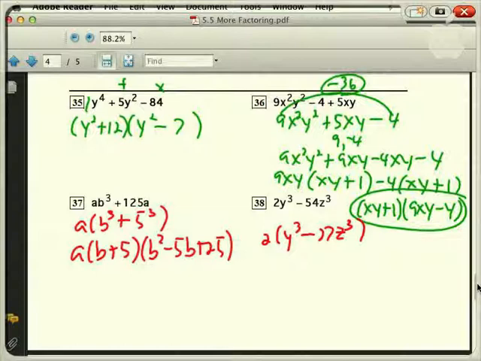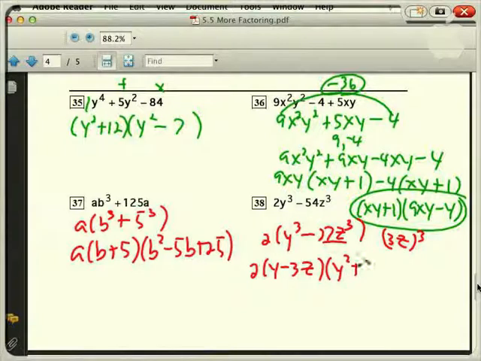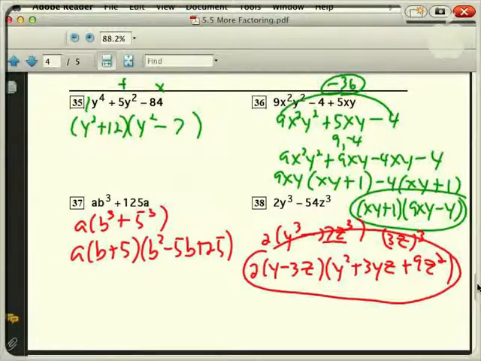Well, 27z cubed is 3z quantity cubed. So this will be 2 times y minus 3z times y squared plus 3yz plus 9z squared. Nice. End of handout.